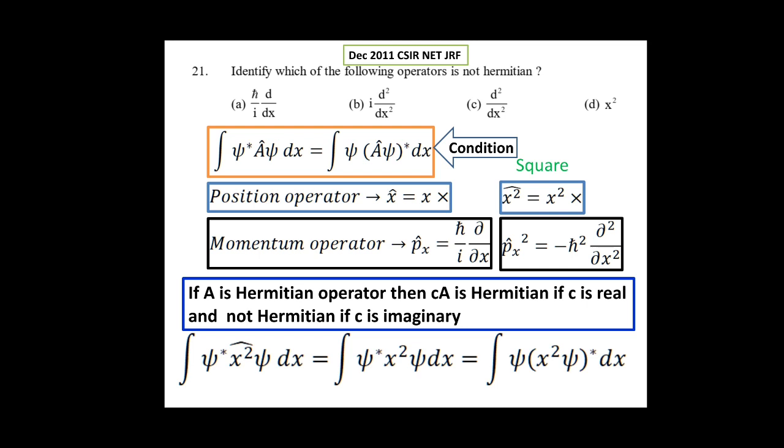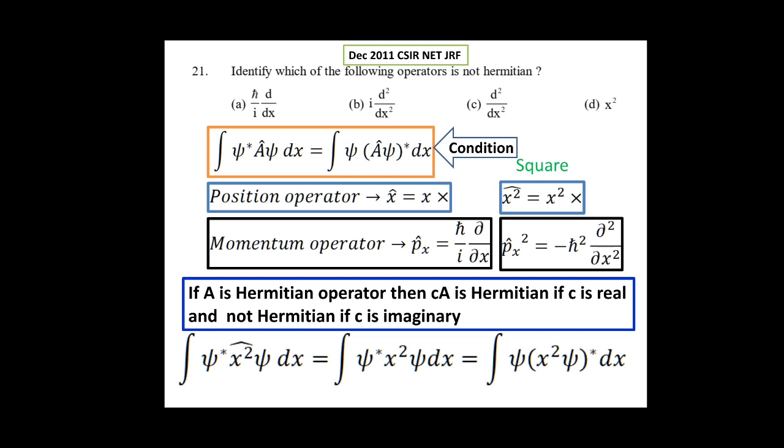In quantum mechanics the functions are your wave functions, and operators will mostly involve differentiation and integration. There are various operators, and we are not interested in all of them except the Hermitian operator in quantum mechanics, because Hermitian operators produce real results.